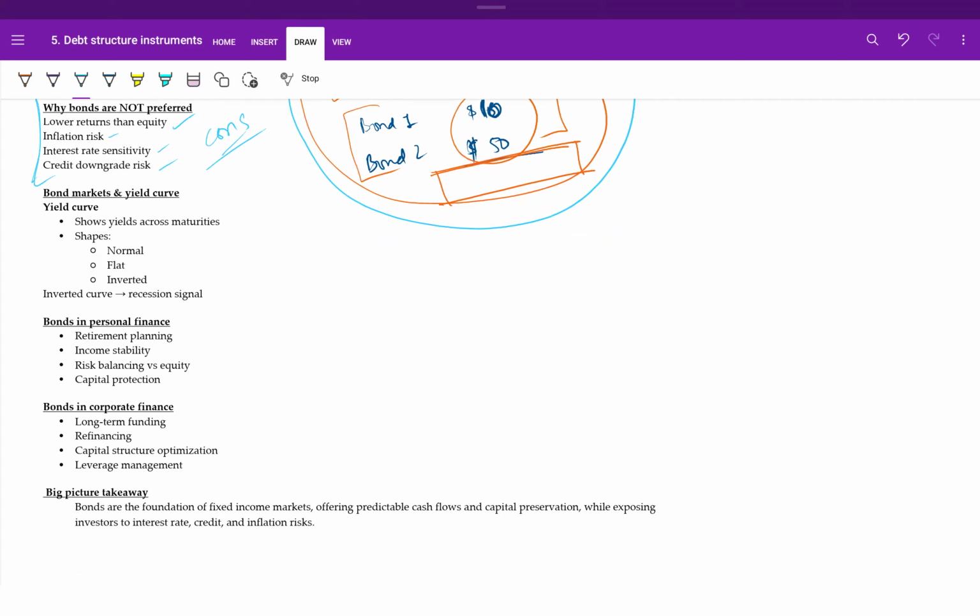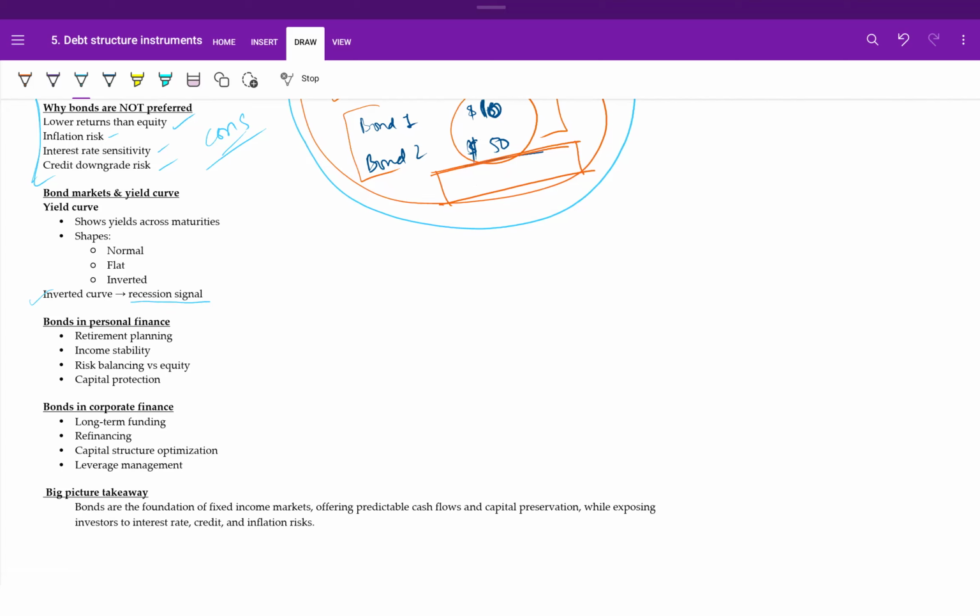What actually is a yield curve? A yield curve shows interest rates across different maturities. If the yield curves are inverted, that's a recessionary signal.